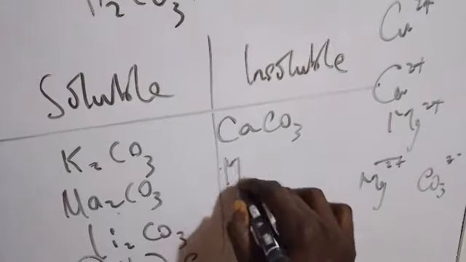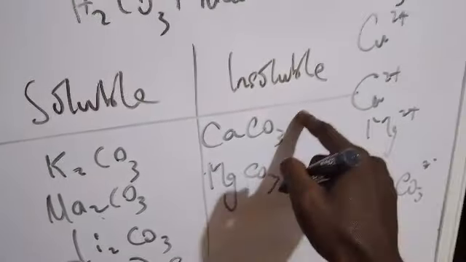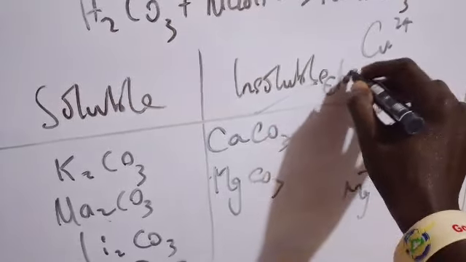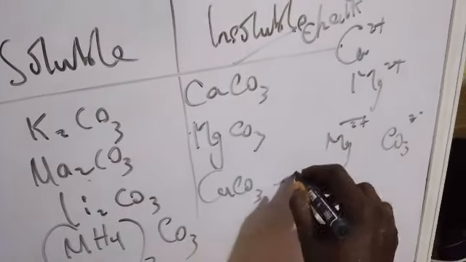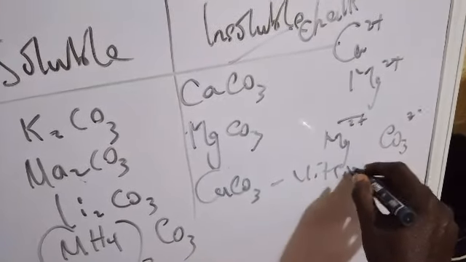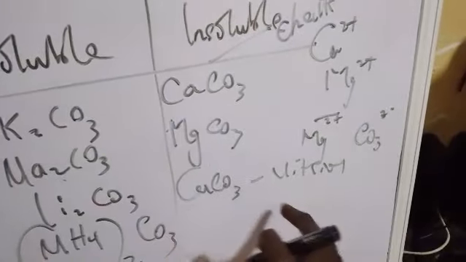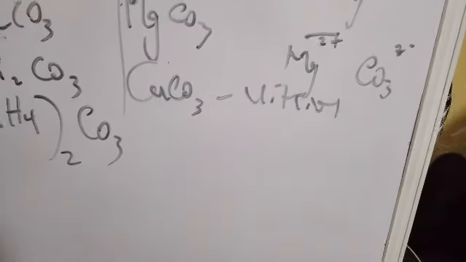Sometimes this is also called chalk, a primary raw material for chalk. Which other one again? CuCO3. This one is blue in color. It is one of the most important salts of copper. So let me change my marker, this marker is already fading. These are examples of soluble and insoluble Trioxocarbonate 4.